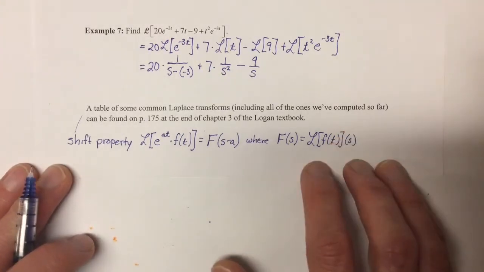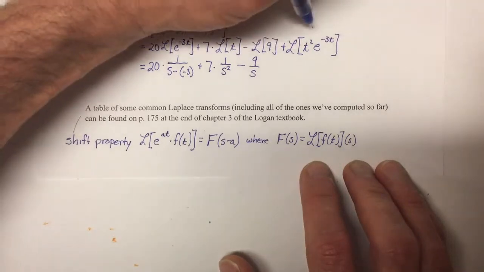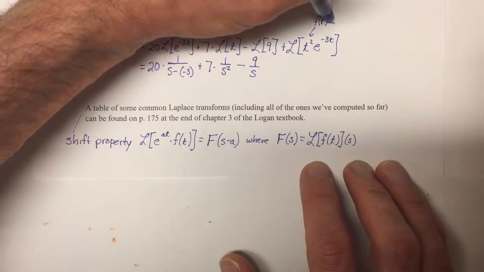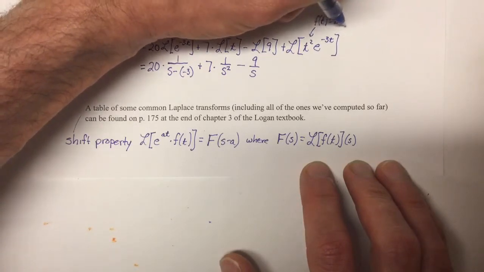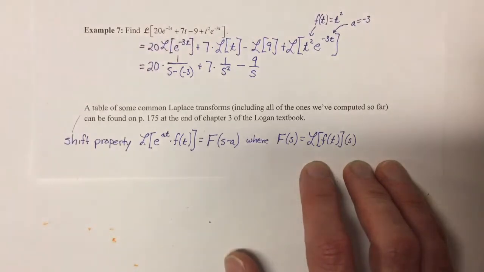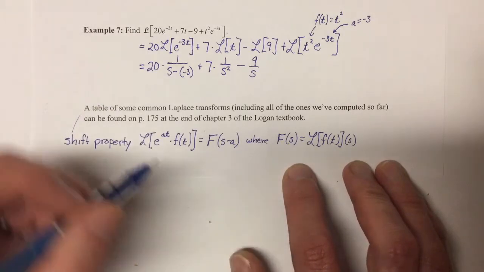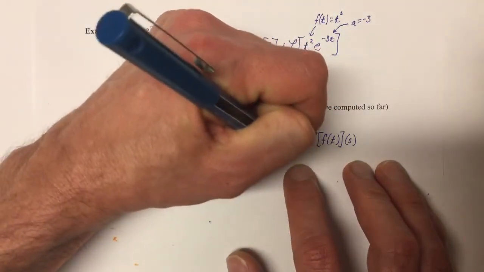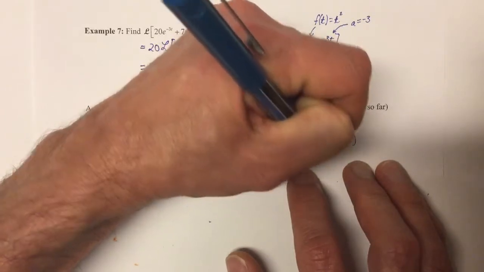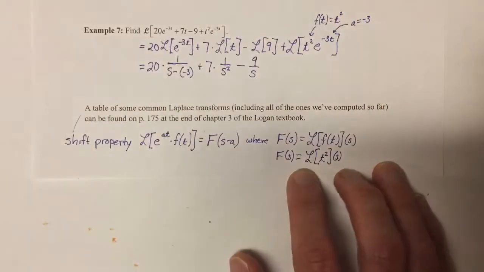So in this particular case, the little f of t that we're thinking about is f of t equal to t squared, and then we have an e to the at where a is equal to negative 3. And so here the F of s would be the Laplace transform of t squared as a function of s.